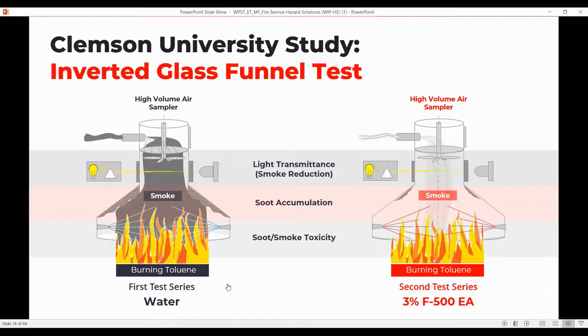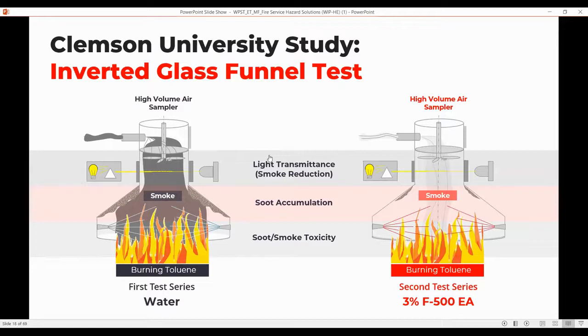So some of the initial testing that was done at Clemson University, where they were burning toluene. They did several burns where they injected a plain water mist treating the smoke column. Then they matched that with the second series of burns where they were injecting a 3% solution of F500 into the smoke column.